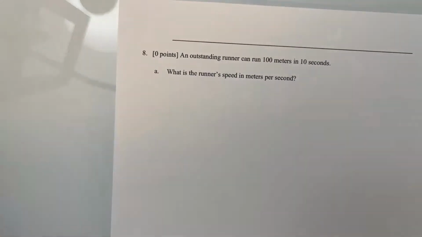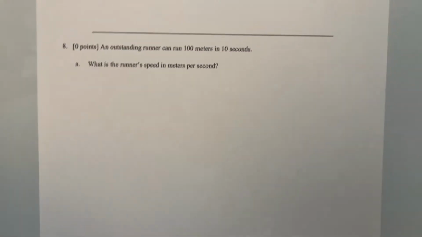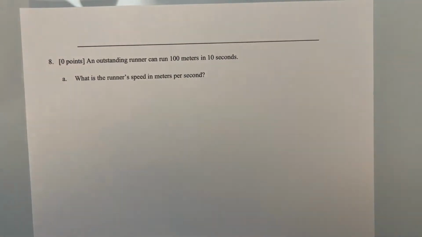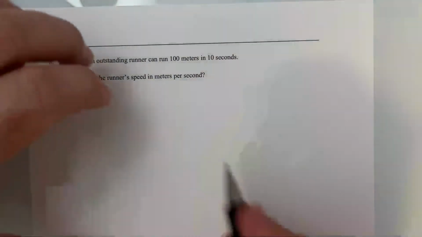Okay, number 8. Is this the last one? All right. Trying to get it to focus. There we are. Okay, an outstanding runner can run 100 meters in 10 seconds. What is the runner's speed in meters per second? So speed is always distance per time.